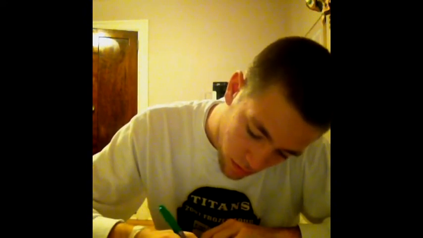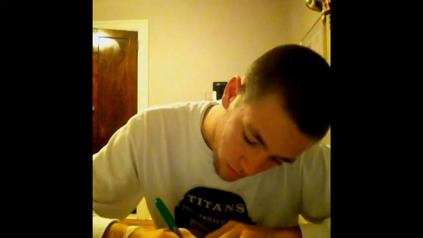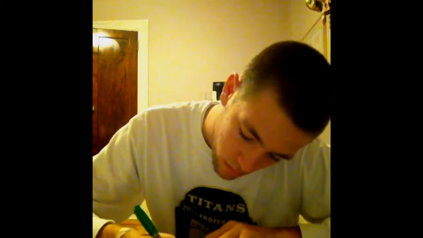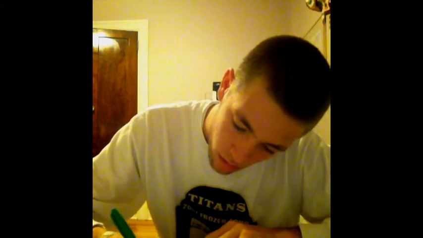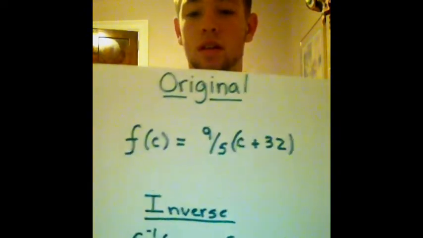So with that said, you would switch the fraction to make it 5 over 9, and then you would switch the plus from the original 32 to minus 32 in order to get the inverse. F inverse of f equals 5/9 times the quantity f minus 32.